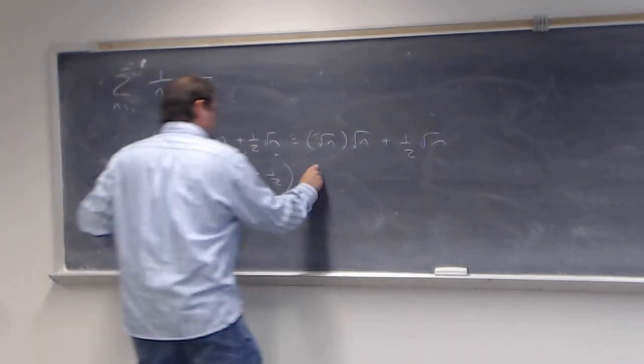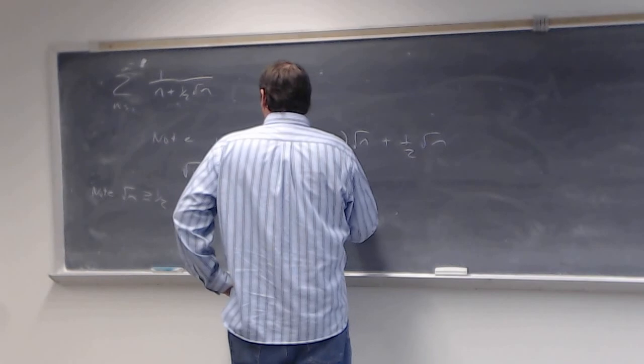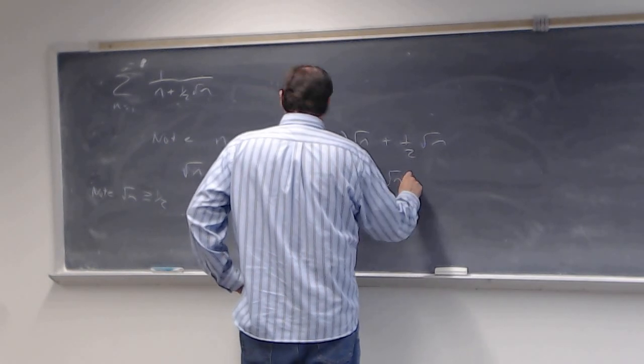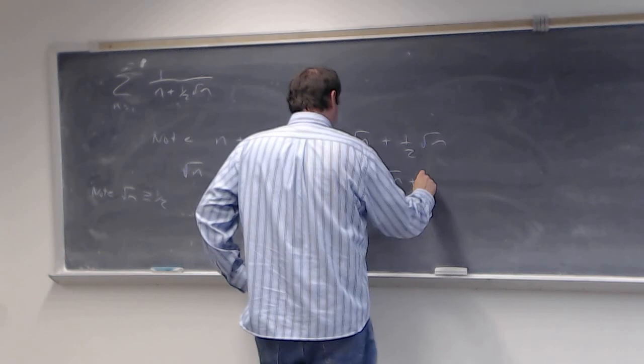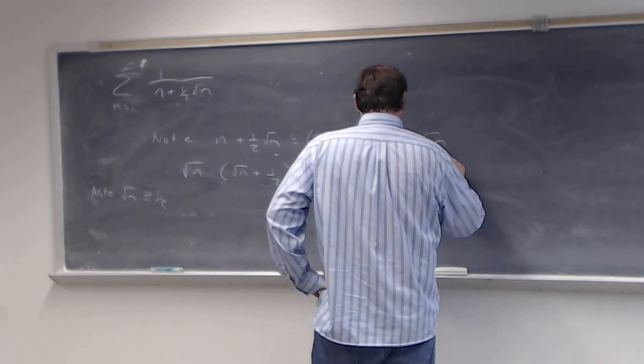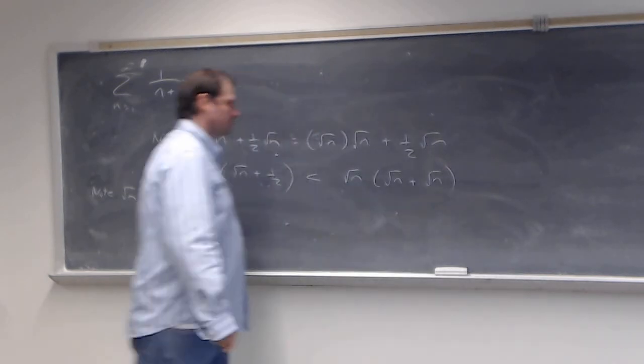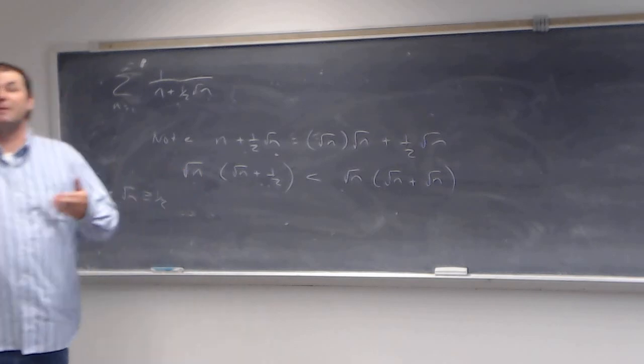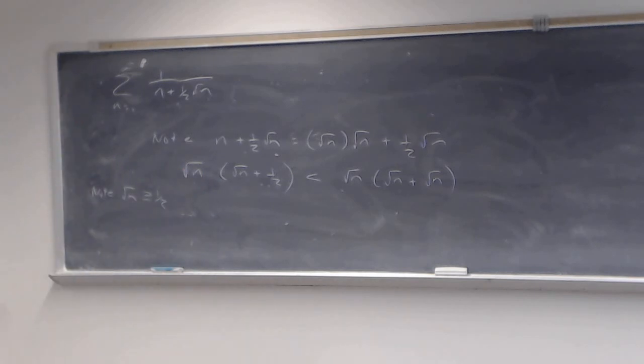So I'm going to say, hey, this is going to be less than the square root of n times the square root of n plus the square root of n. Is that okay? So I just replaced the 1/2 by something bigger than n, which was the square root of n.